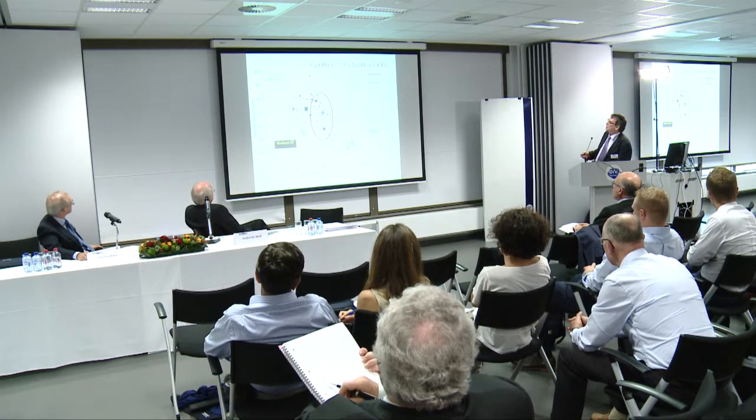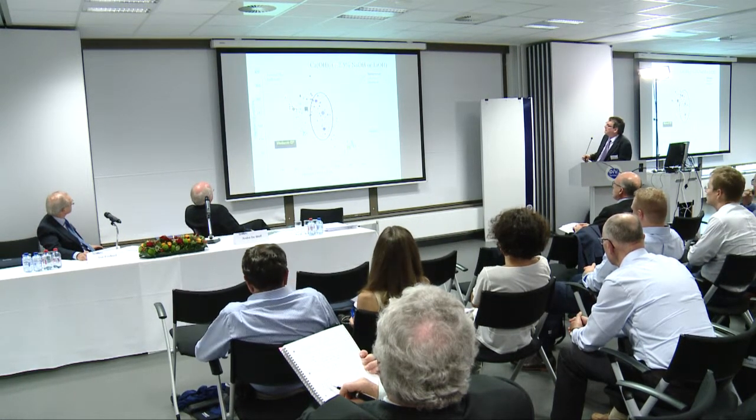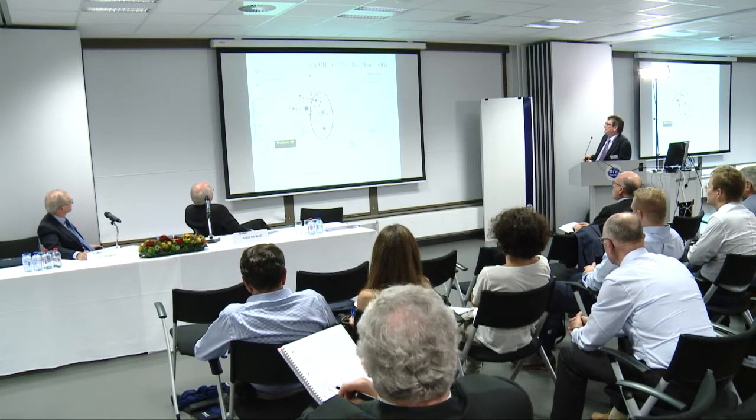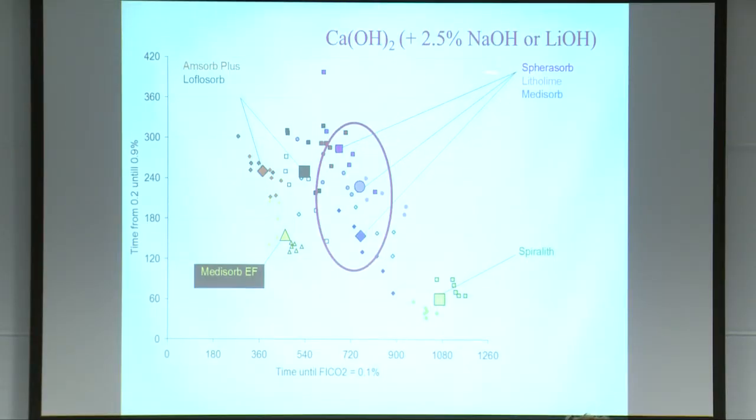Now let's go to those canisters here, the calcium hydroxide canisters that do contain a catalyst, either sodium hydroxide, at least 2.5%, or lithium hydroxide, the little m, again used here as a catalyst, not as the primary absorbent. And you can see that basically for all these brands, all these products, the duration before the FiCO2 starts to rise is pretty similar.